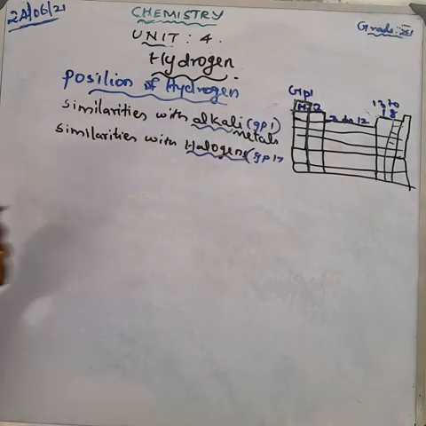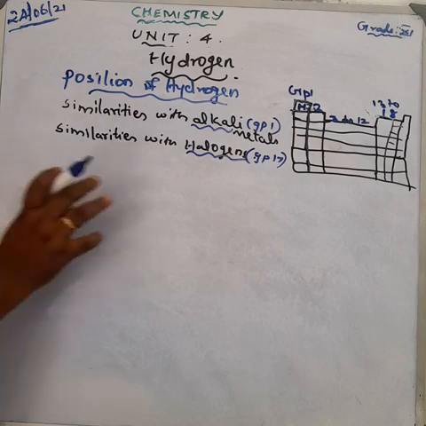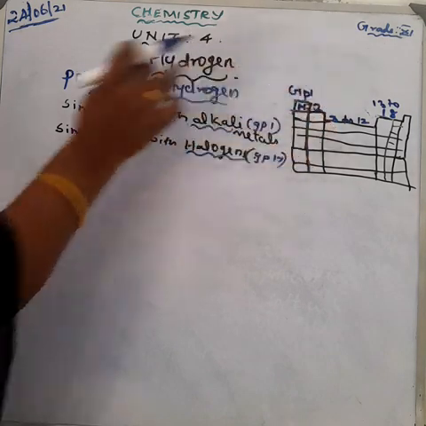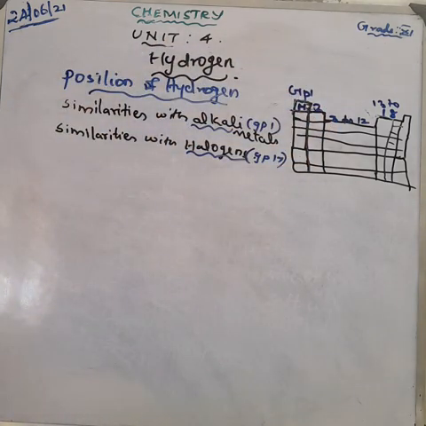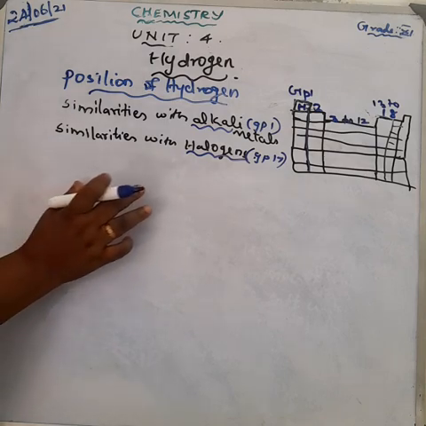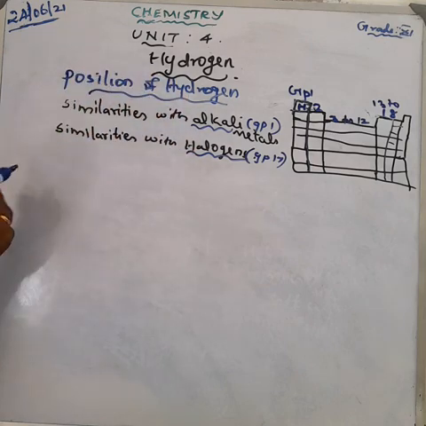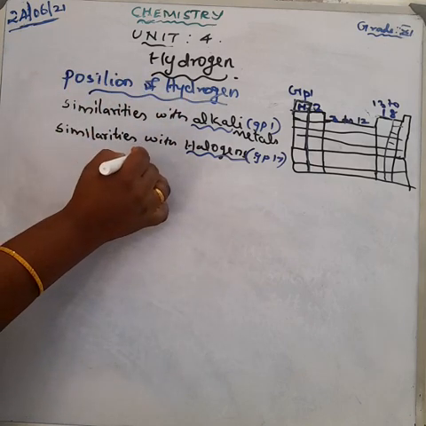Because of this, it is difficult to find the right position of hydrogen in the periodic table, and the actual correct position of hydrogen in the periodic table is till date not resolved.